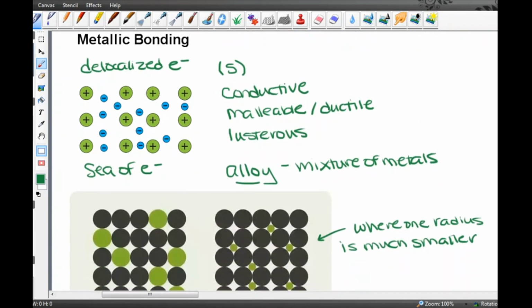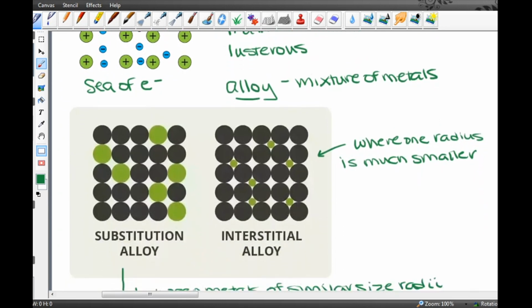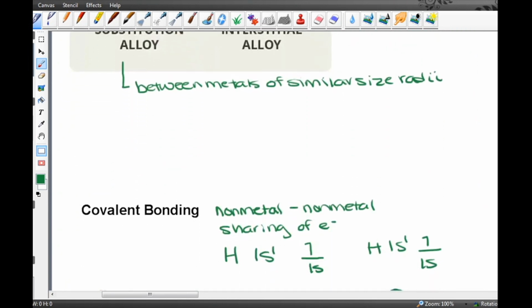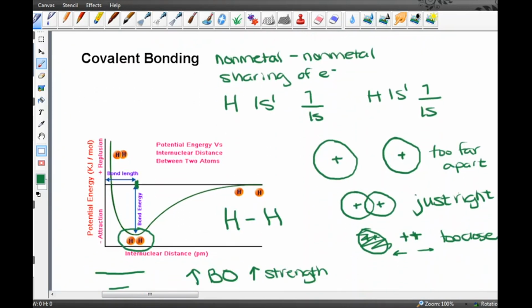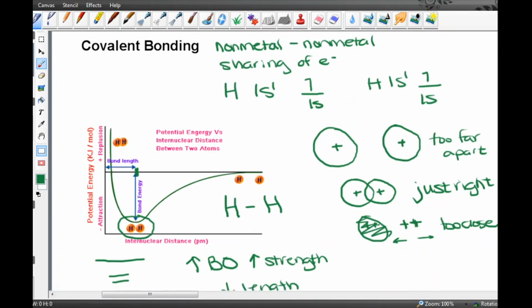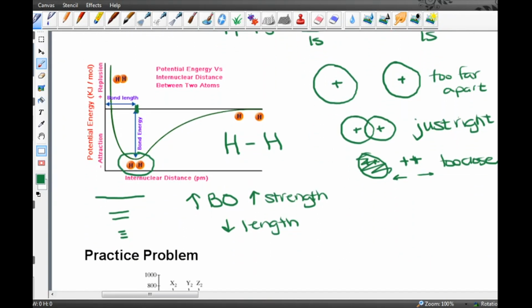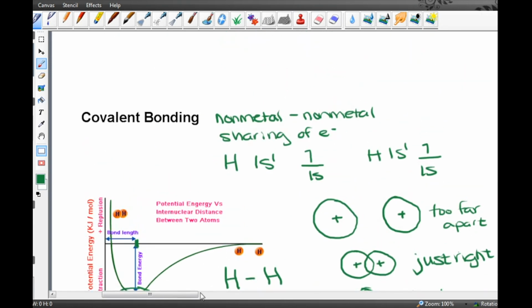We talked about metallic bonding and the sea of electron structure that gives metals their properties, our two different types of alloys, mixtures of metals. And then covalent bonding, looking at it overall as a sharing of electrons, overlap of orbitals, bond order, and bond strength. Okay, so now let's draw some Lewis dot structures.